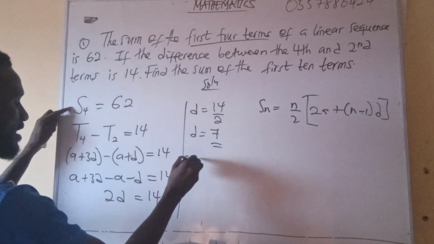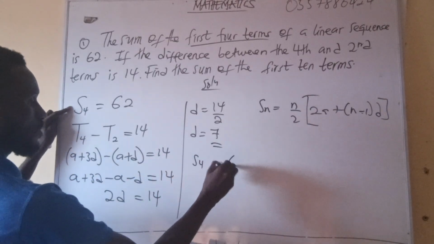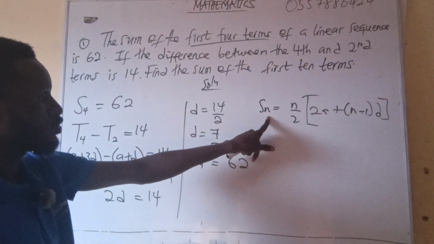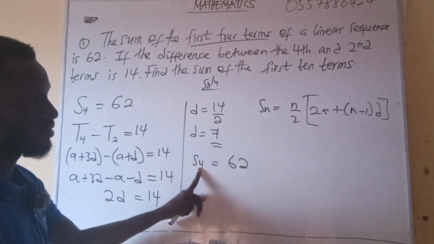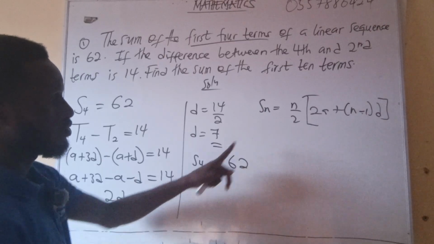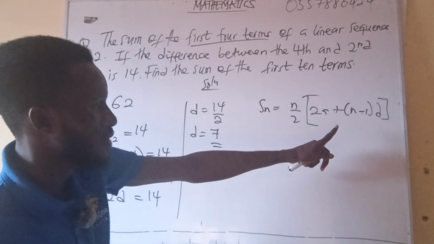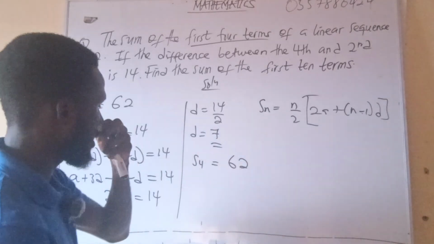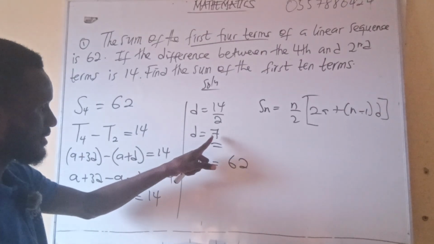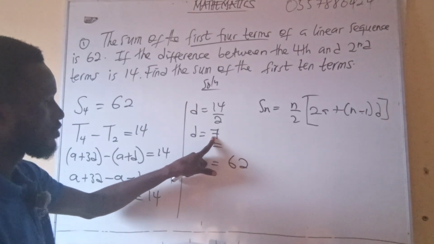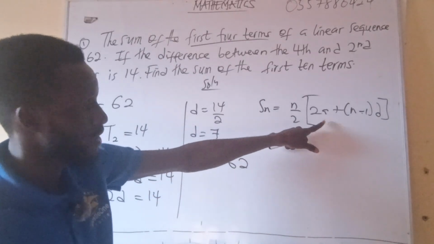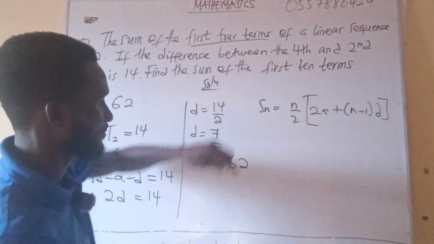If I'm talking about the sum of the first four terms, which is equal to 62, then n is equal to 4. Where I see n inside this formula, I'm going to put 4 there. And don't forget that d is also equal to 7. So it will be left with only a, and then I'll get the answer for a.